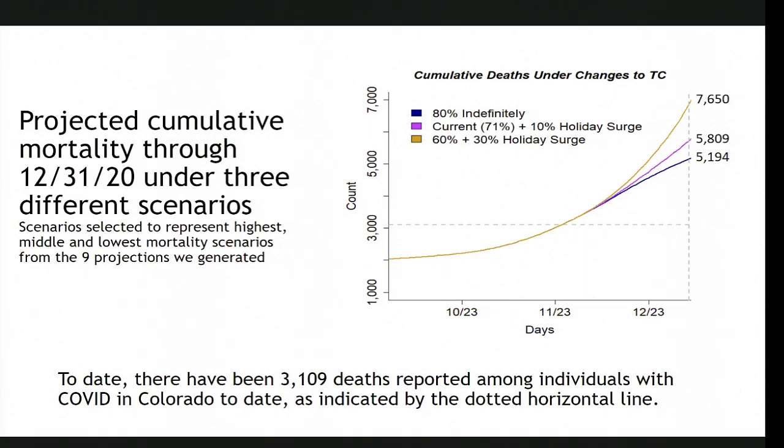And I think the point here is that we need to be maintaining as high a level of transmission control as possible, particularly when likely holiday mixing is superimposed on where we are now, not having R below 1, i.e. being on the 80% line.